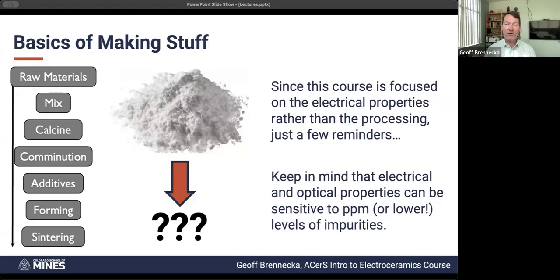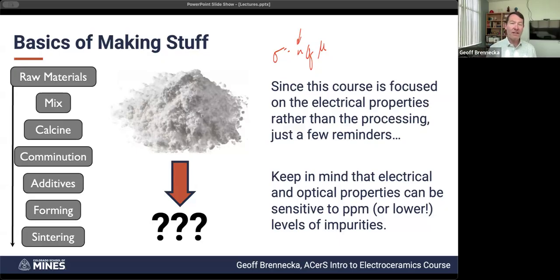So electrical and optical properties are really, really sensitive. They can be sensitive to parts per million or even lower levels of impurities. And from an optical perspective, that's because of interactions with photons, and you can change absorption, you can change color, you can change all sorts of things with very tiny impurity levels. Electrically, it's the same sort of scenario. Because the electrical conductivity changes with the number of carriers, and if we change those number of carriers by orders of magnitude, we change the conductivity by orders of magnitude.